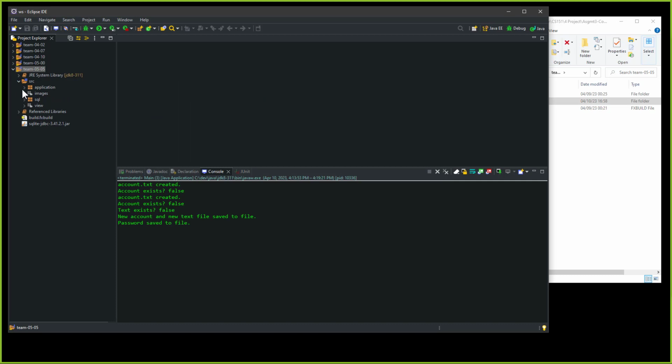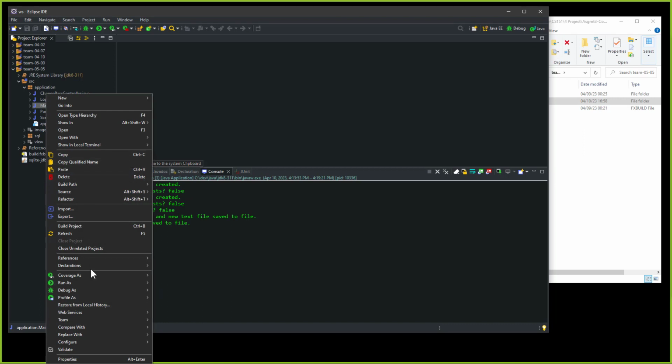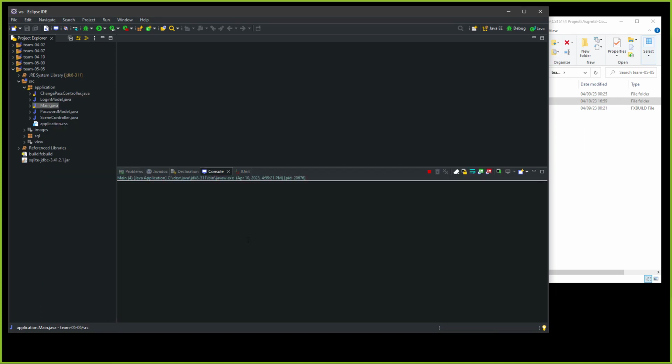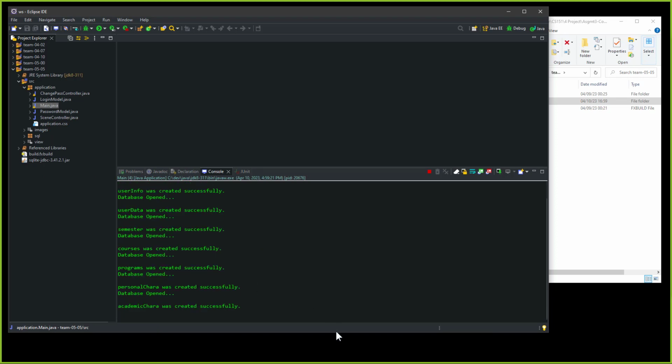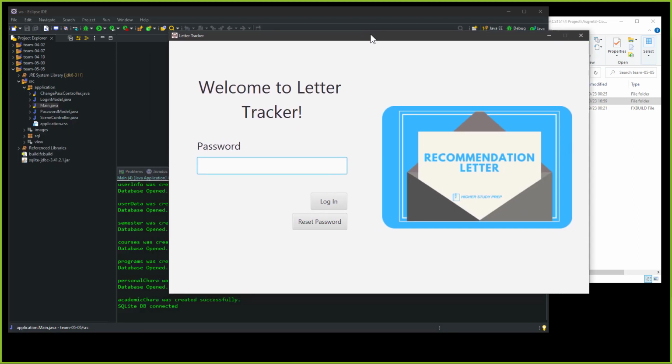All right, so I go to application to find the main, and this is the main, and I run it as Java application. And we have a very beautiful design here.